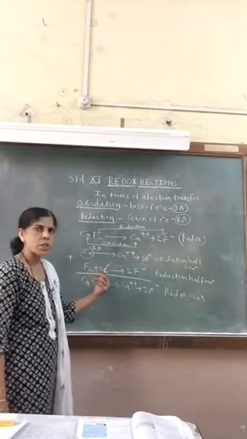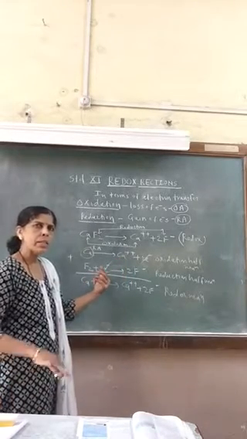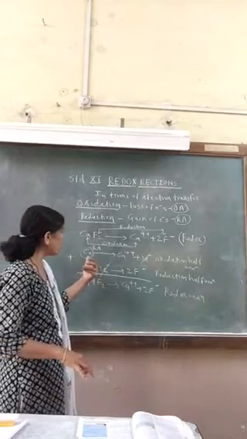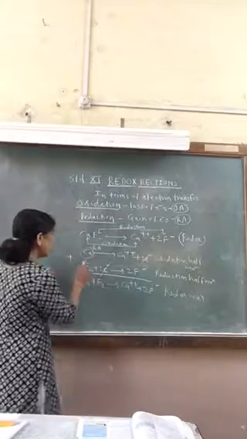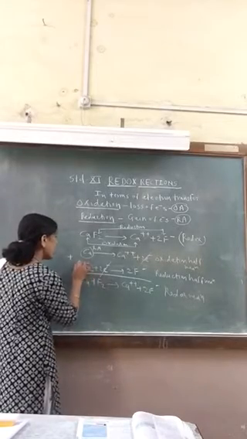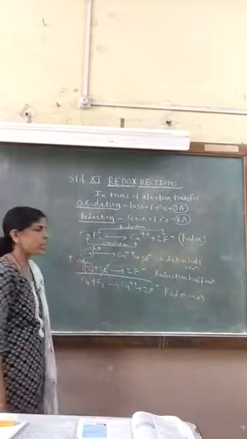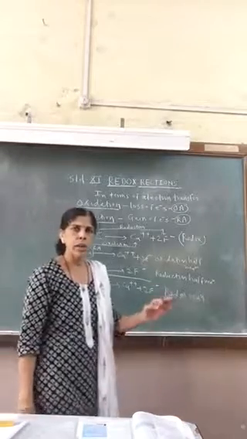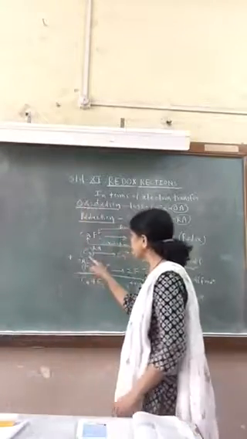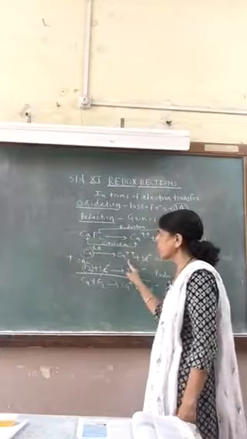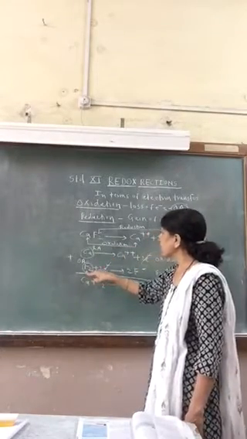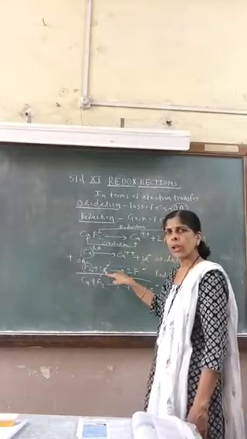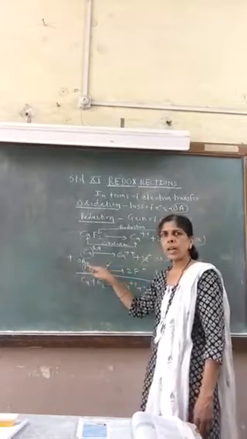Fluorine is undergoing reduction itself, but at the same time it is helping calcium's oxidation. So fluorine is the oxidizing agent. What can you conclude? The species undergoing oxidation is the reducing agent, and the species undergoing reduction, gain of electrons, is the oxidizing agent.